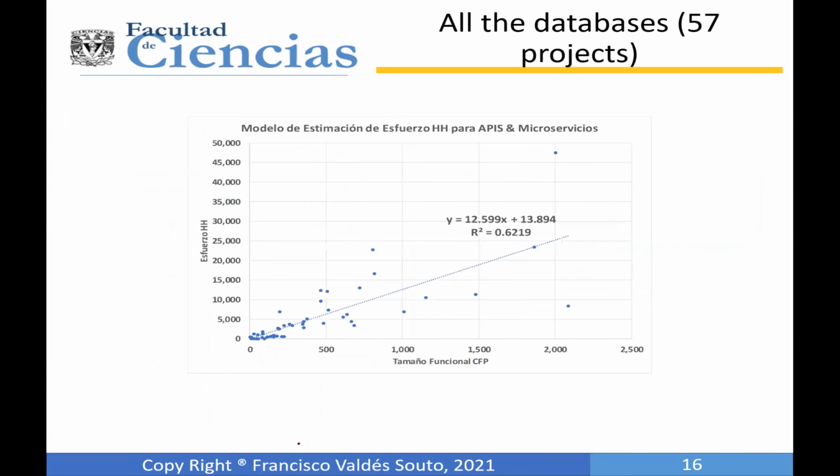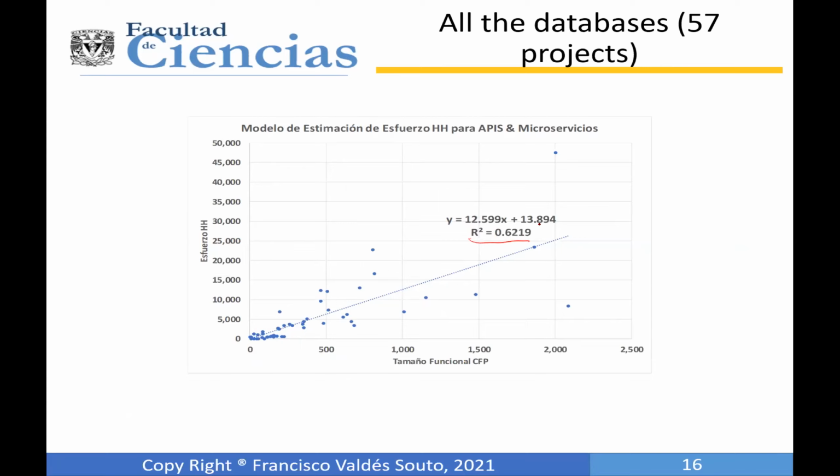But if we do that, we can get this regression model, okay? Where we observe a correlation coefficient of 62%. This is making the integration of all the raw data for the 3 databases that we got previously.